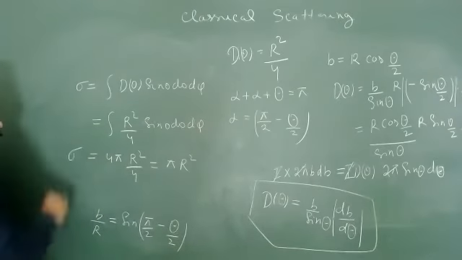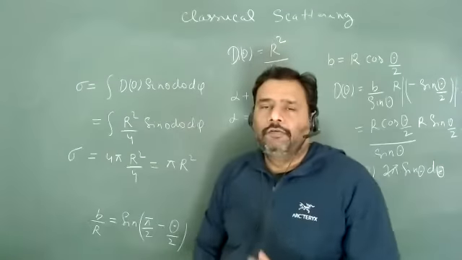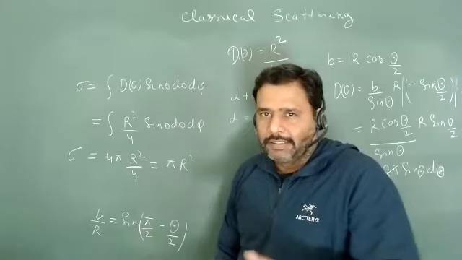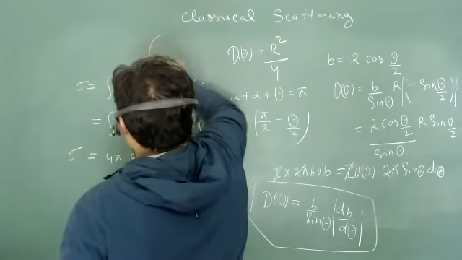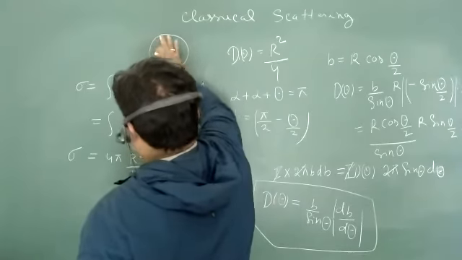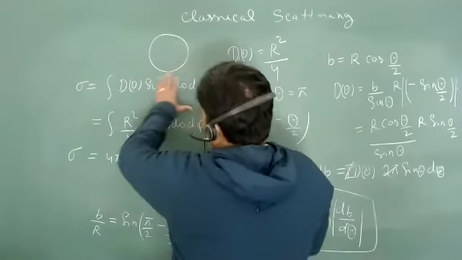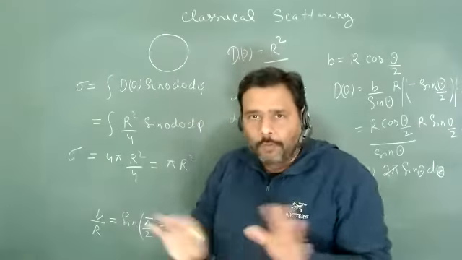So look here. We have the total scattering cross section equivalent to pi r square. So what is pi r square? This is your spherical thing. So out of this sphere, the scattering will take place, and the surface area of this sphere is 4 pi r square.